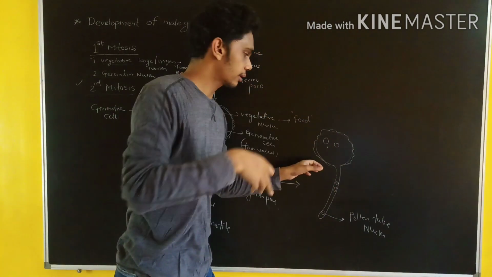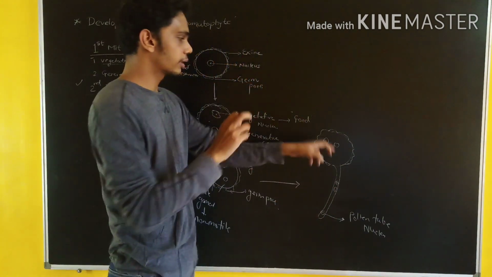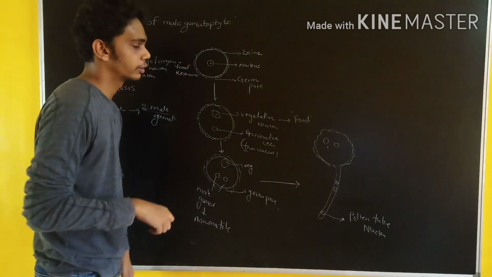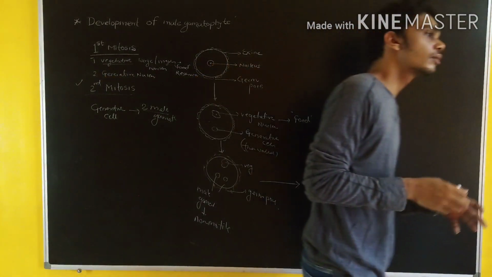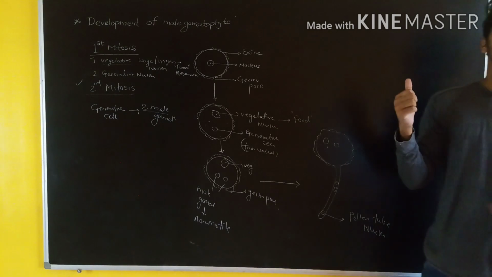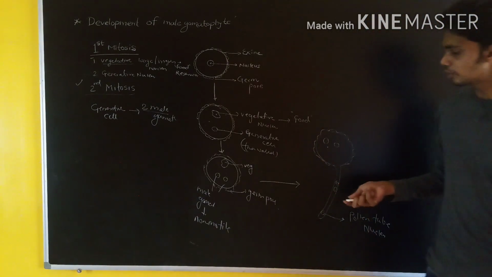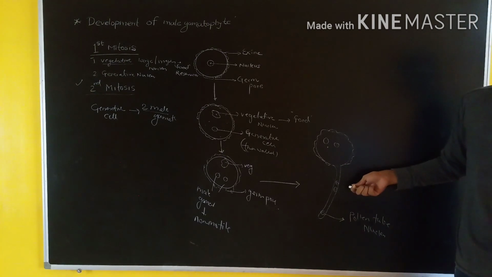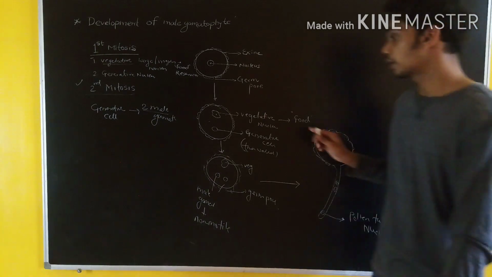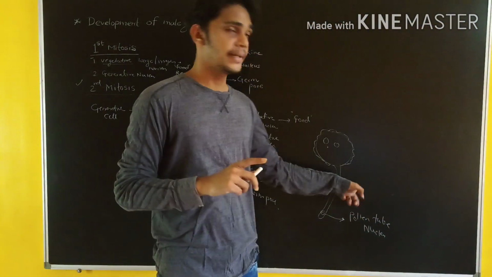It intersects the ovary and transfers the male gametophyte. That is the function of the pollen tube. And the pollen tube is the one we're going to talk about in the female gametophyte, or when you talk about fertilization, double fertilization, we have to talk about the major function of the pollen tube, which acts as the transfer of the male gametophyte.